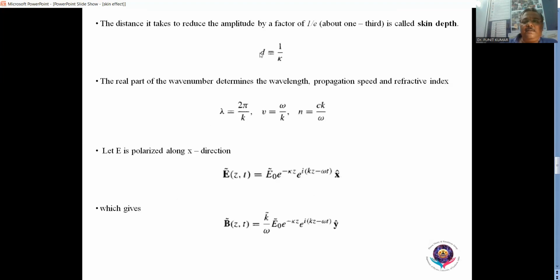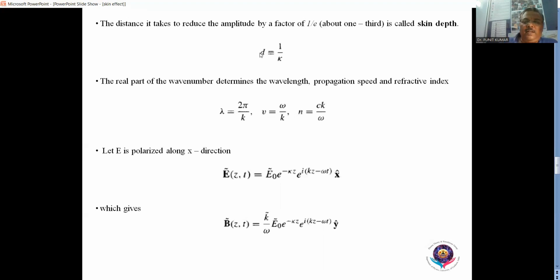And the distance where the amplitude of the incident wave reduces to 1 by e of the incident value is called the skin depth. And this 1 by e is nearly equivalent to 1/3 of the intensity.